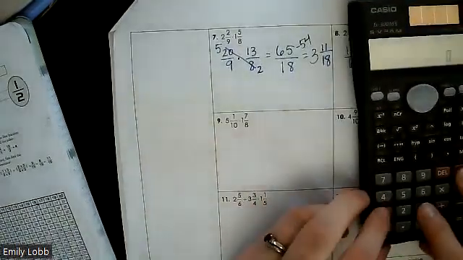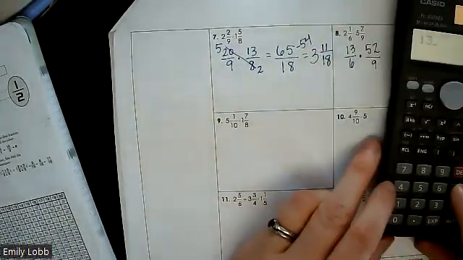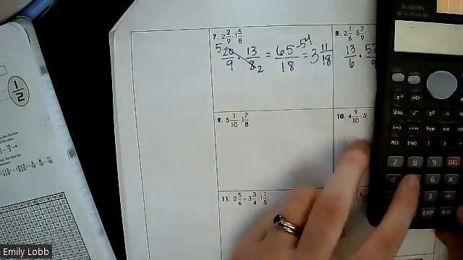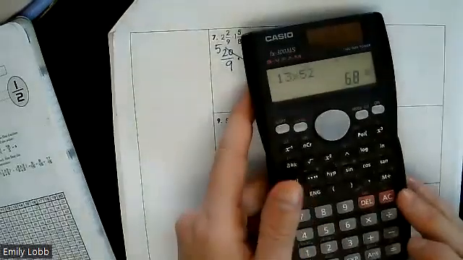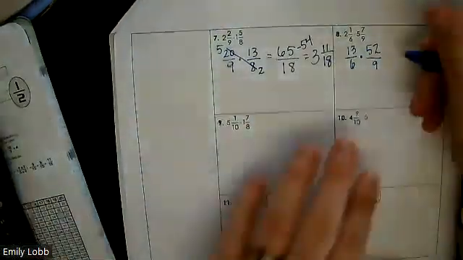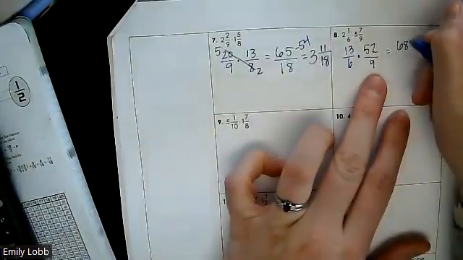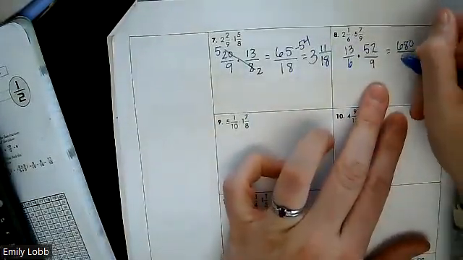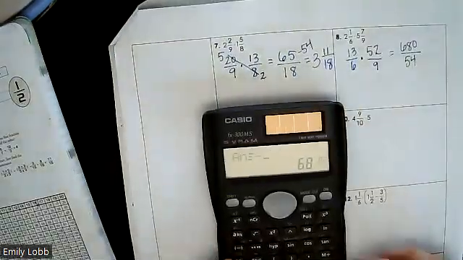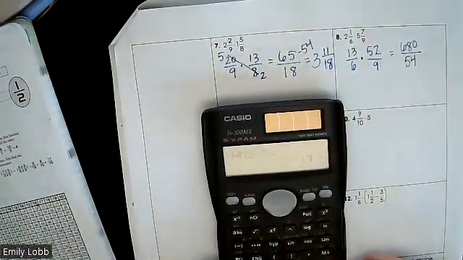Let's see what happens. 13 times 52. 680. 54. So I would divide by 54.